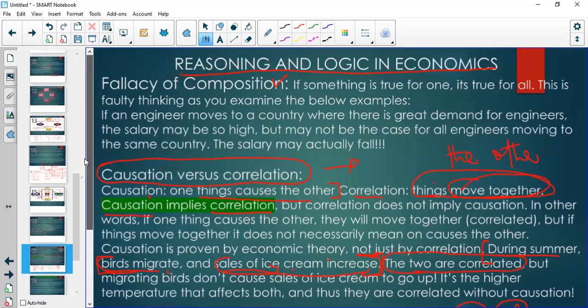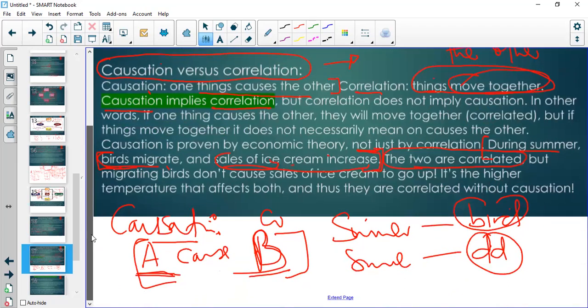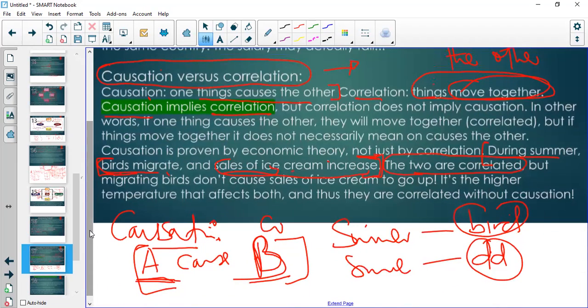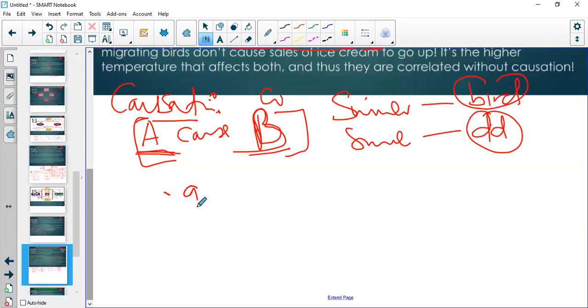Also in life, this is very important, because if you see me coming out of your house and you go to check where you put your money and there's no money, that is a correlation, right? A guy gets out of your house, and your money goes missing.